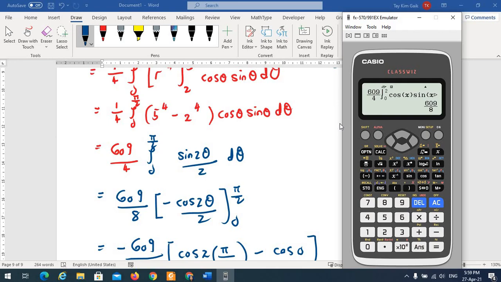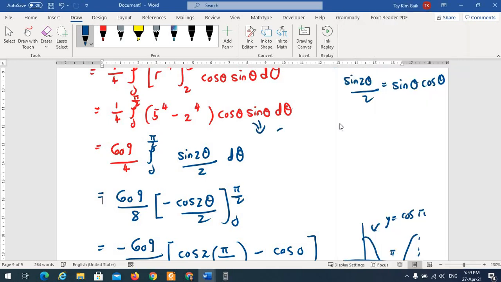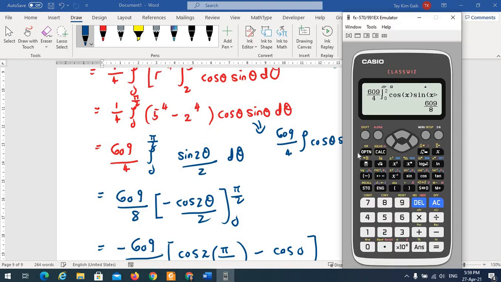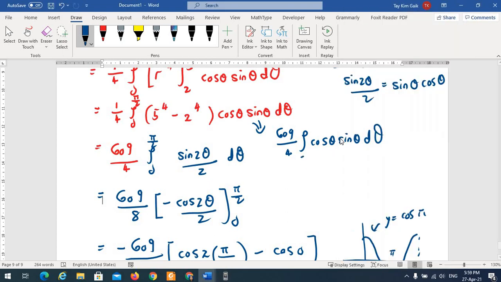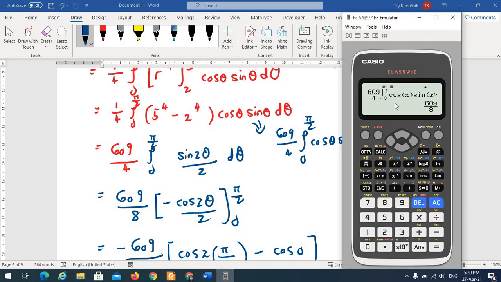This means from this line, you have 609 divided by 4, and you straight away integrate cos theta sin theta d theta. In the calculator, theta you change to x. 609 over 4, integrate with limits 0 to pi over 2 of cos x sin x.